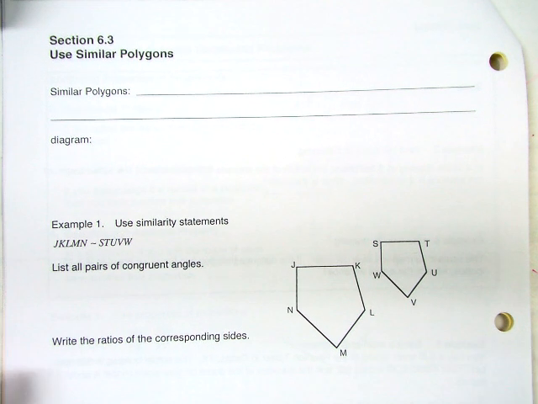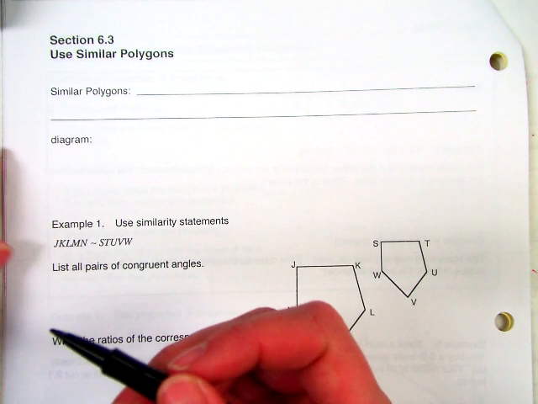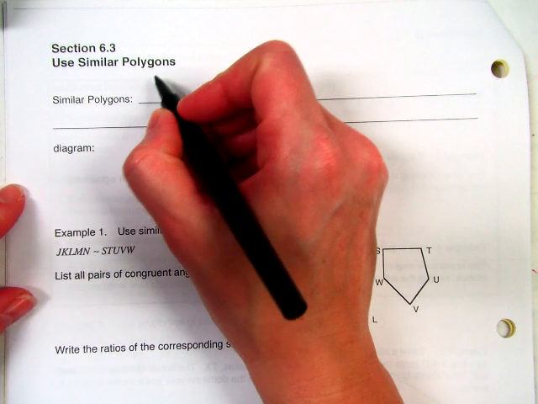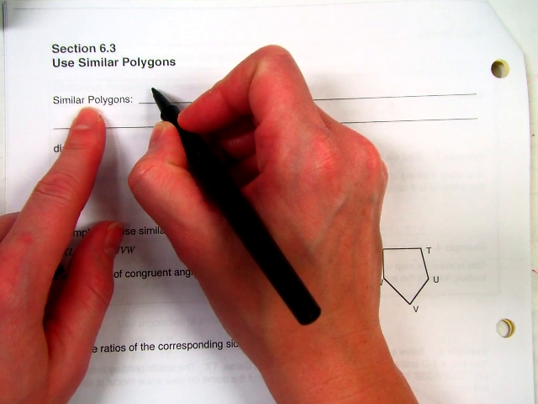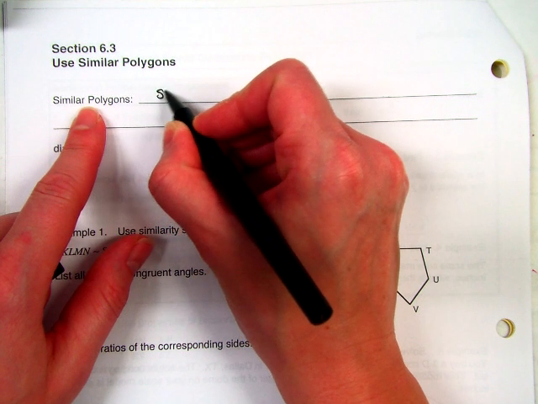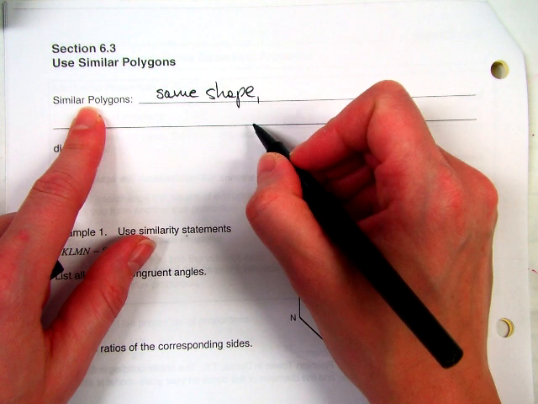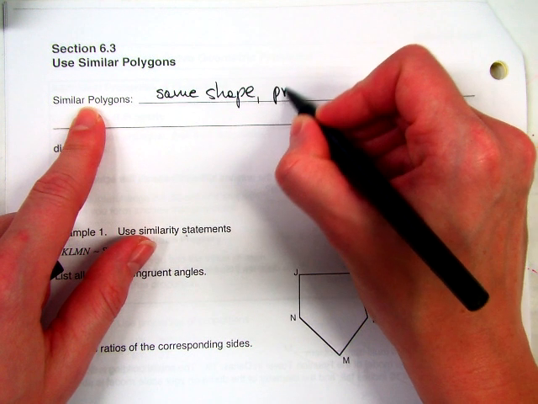So the first thing that I would like you to do is draw two similar polygons. Similar polygons have to be two shapes that have the same shape, but they have proportional sides.